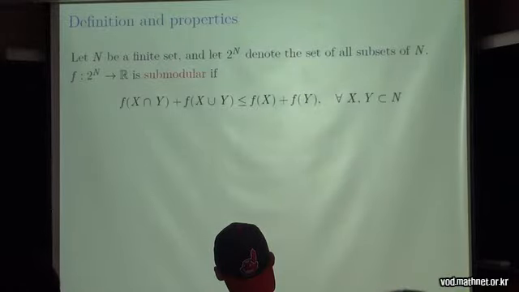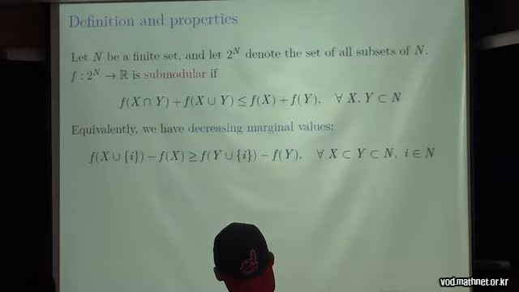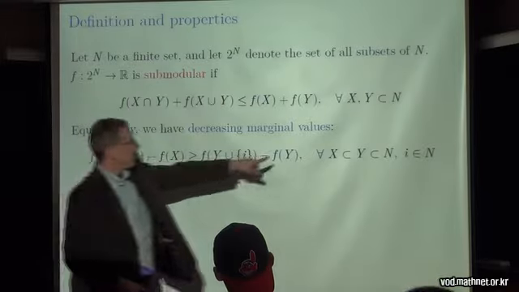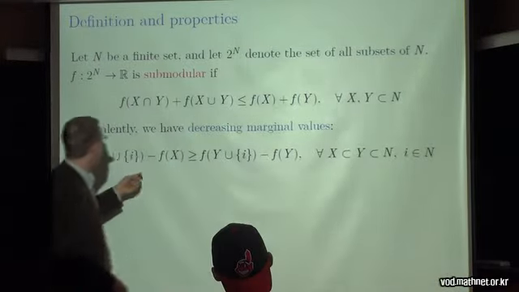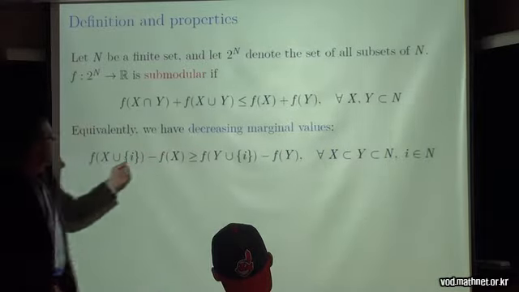It looks a little bit somehow like convexity, but that's in a way a little misleading. There's another way to think about it, and it's a perfectly equivalent definition with decreasing marginal values. So here the idea is if x is a subset of y, then I think about adding an element to x and to y and seeing what it does.